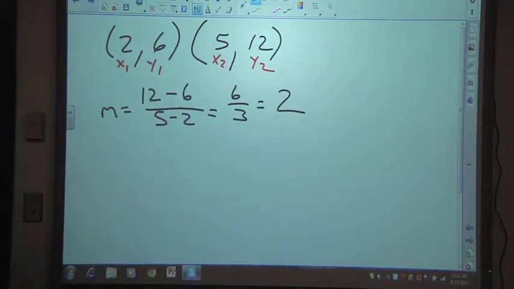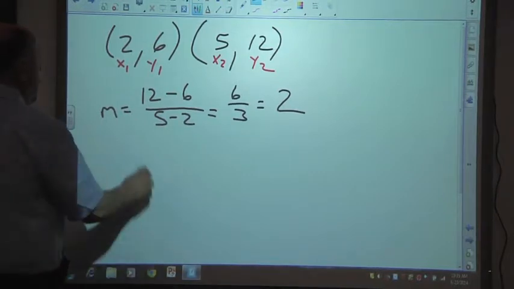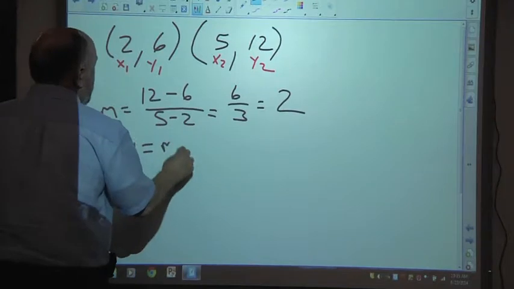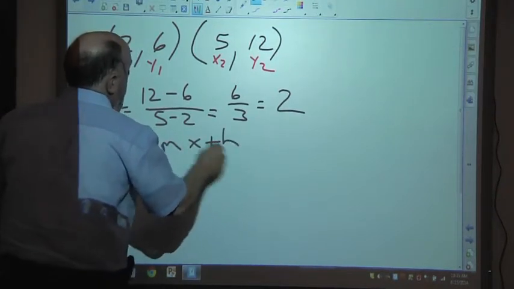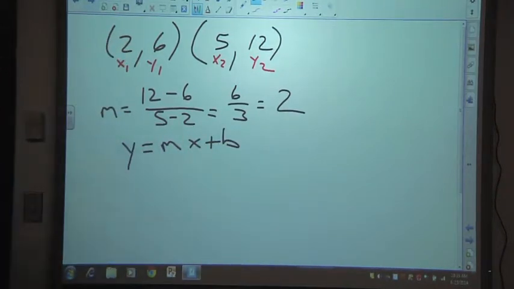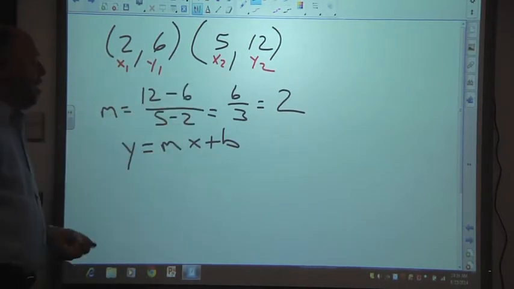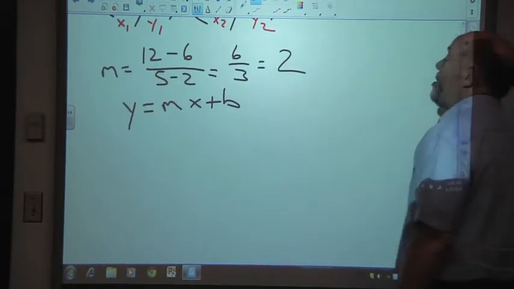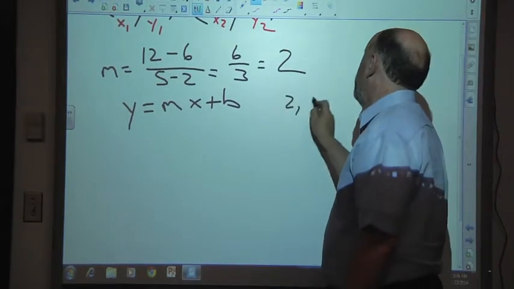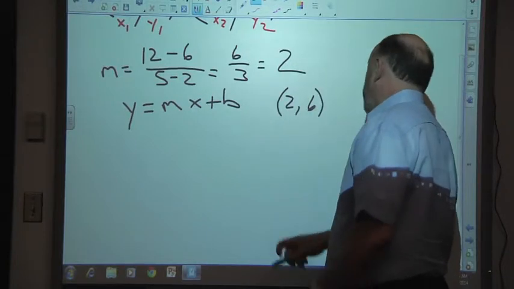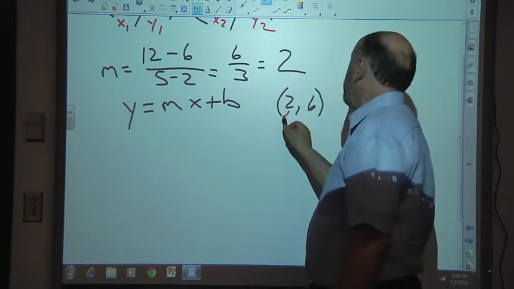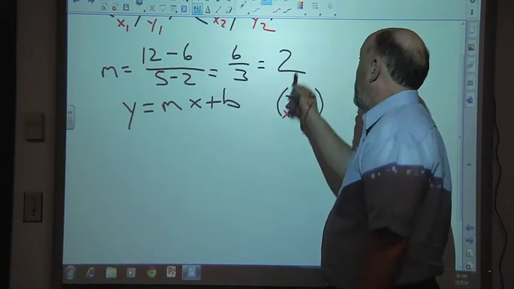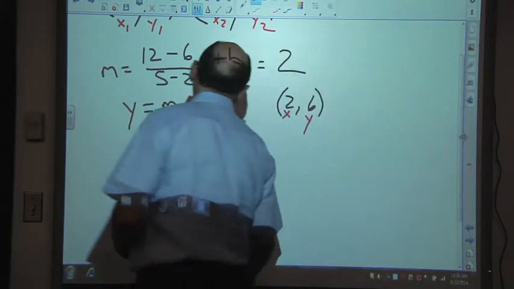Okay. If I want my equation of the line in slope-intercept form, which means the y equals mx plus b form, I know the slope. I know that this point is on the line, and I also know that point is on the line. I can take either one of those 2 to do this. Let's take the first one, (2, 6). So this is the x, this is the y, and that number is my m.